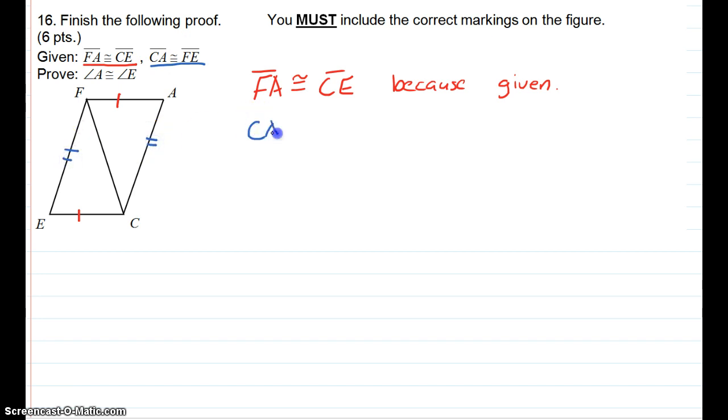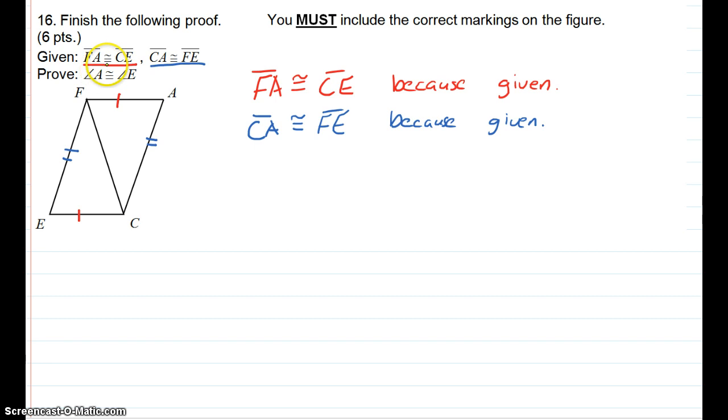So we can say that segment CA is congruent to FE because given. So, like I said before, you should never leave a proof blank. You know something.